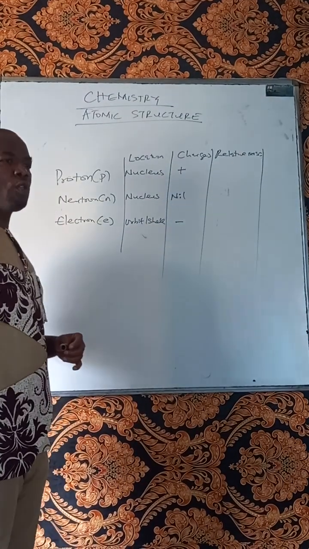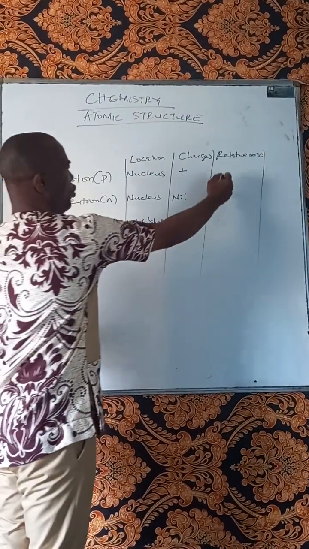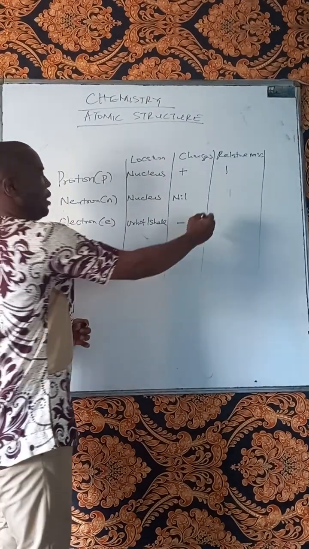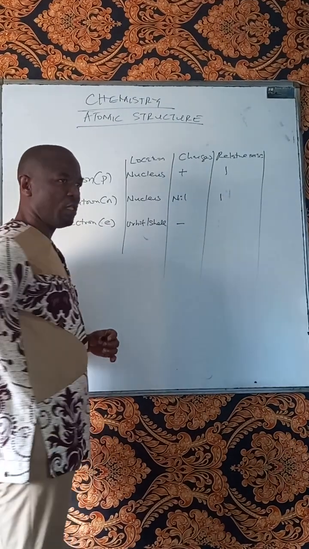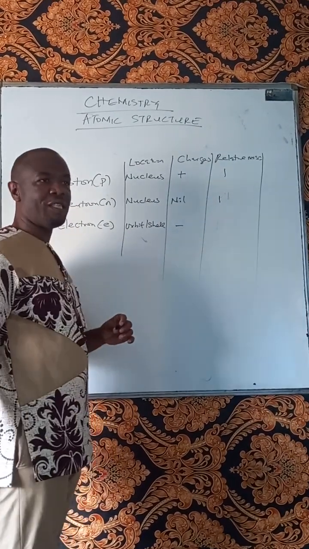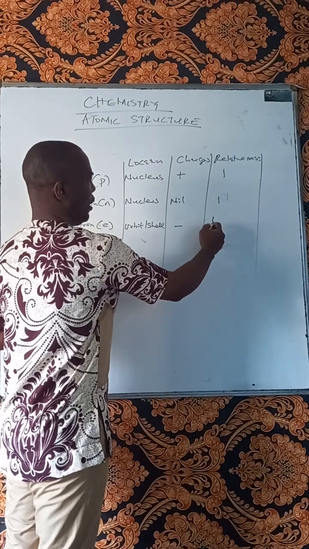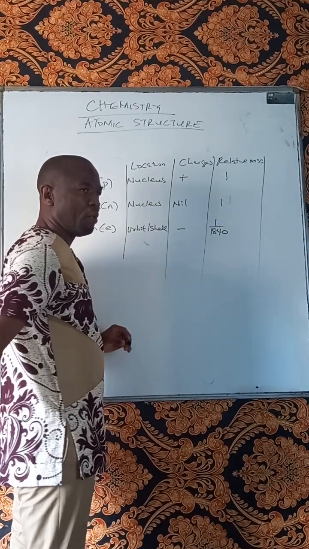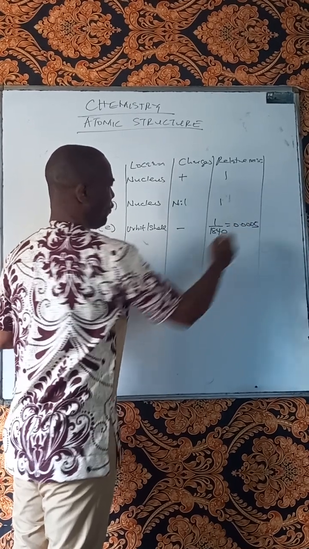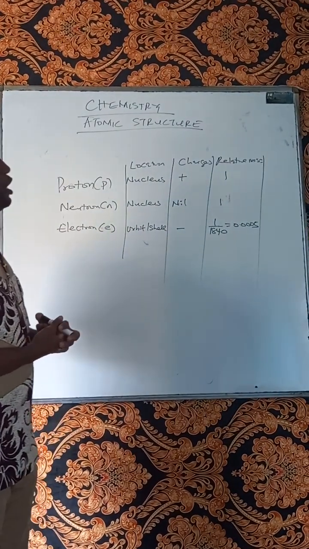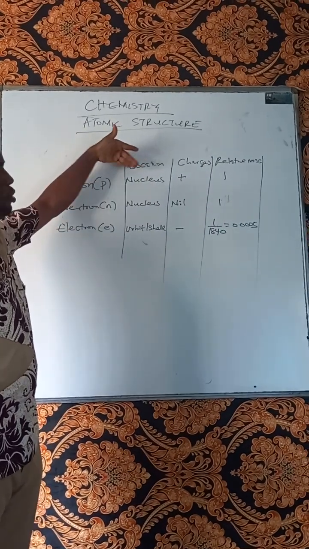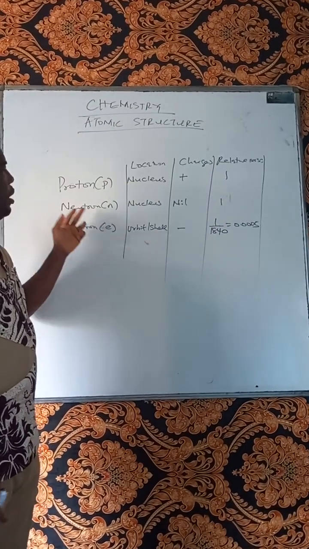The proton has a mass of 1 unit. The neutron also has a mass of approximately 1 unit, while the electron has the least mass, approximately 1/1840, about 0.0005.